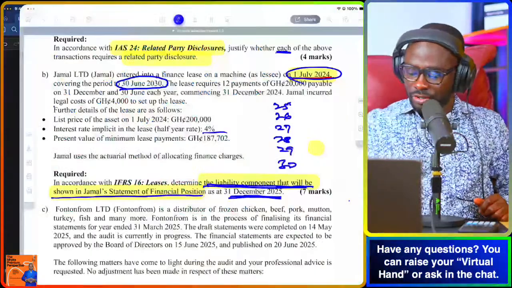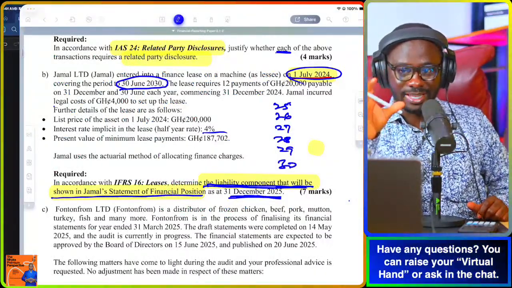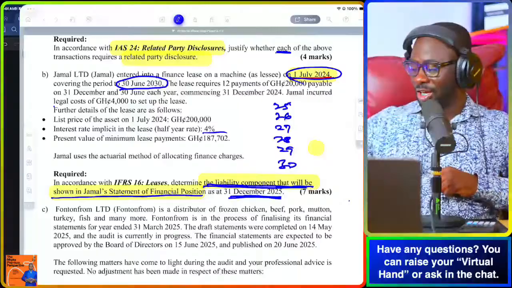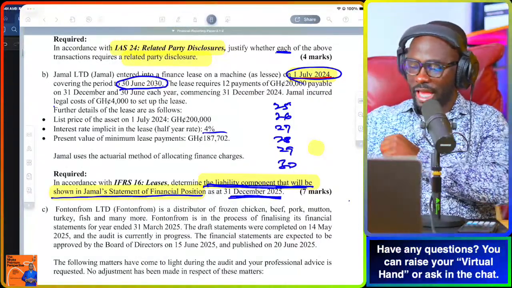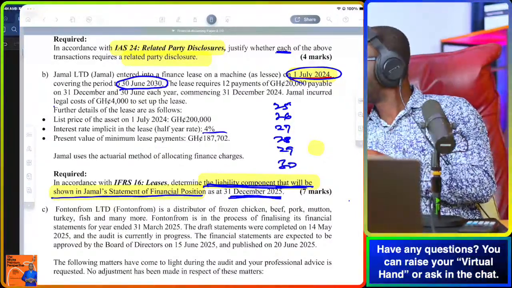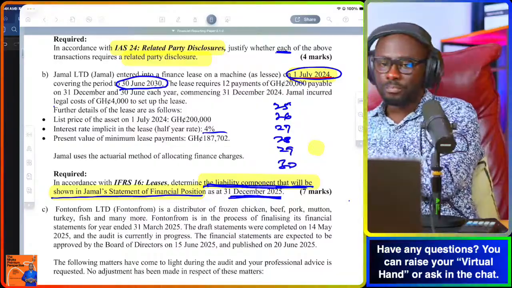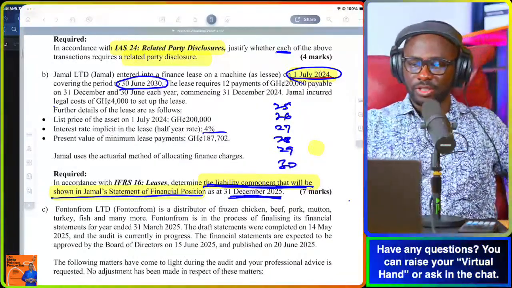So that is the answer to B with an extension, because I have to clarify that with an extension, because you need to always stay within the ambit of the question.